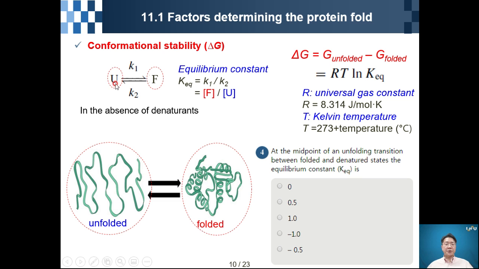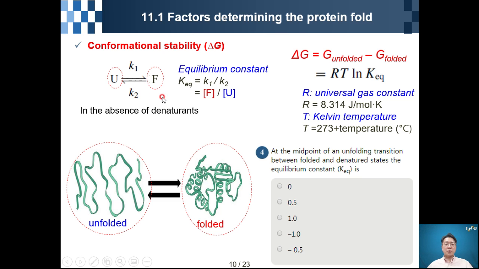The reaction constant from unfolded to folded protein is recorded as K1, and the reaction constant from folded to unfolded protein is recorded as K2.